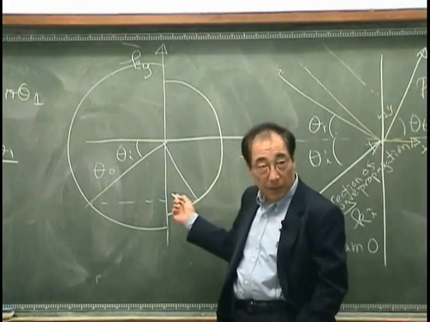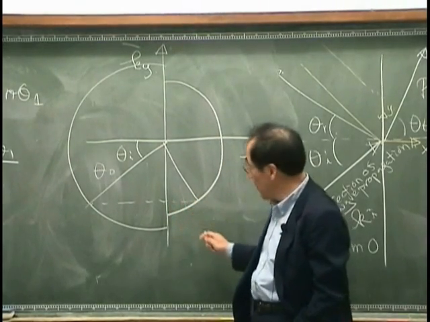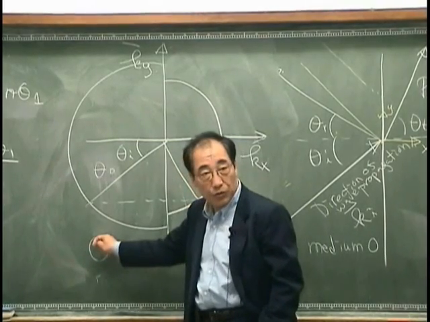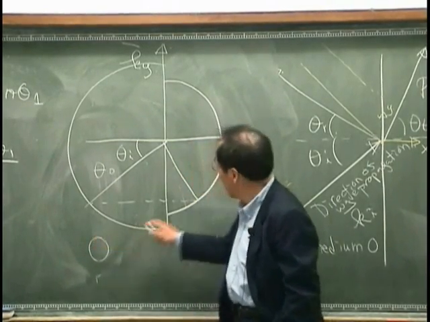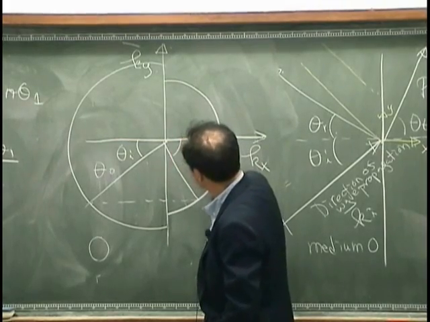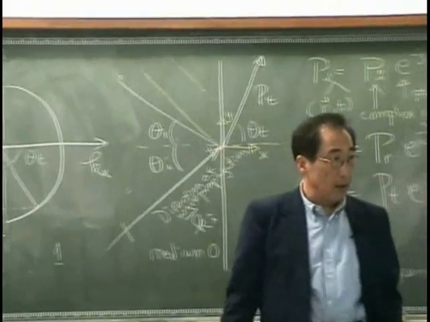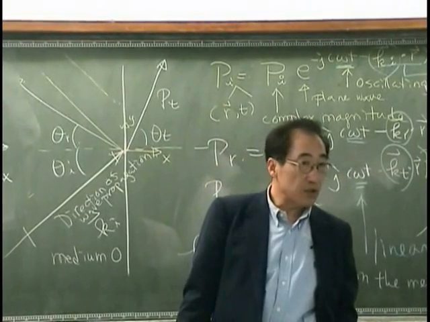This wave number vector is the wave number in medium 1. This is the wave number in medium 0. Therefore, this is theta t. Okay? It's an interesting graph.